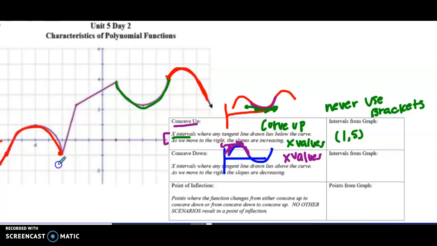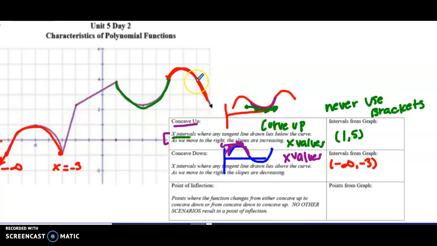Our graph is going from negative infinity all the way until x is equal to -3. So we're going to go from negative infinity to -3.